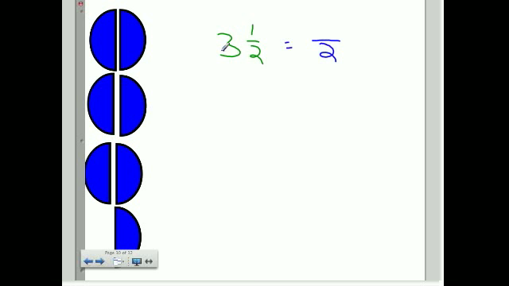There's 2 halves in every one. 2 times 3 is 6, plus 1 is 7. And if you look over here, we have our mixed number, 1, 2, 3 1/2, or we have 7 halves. 1, 2, 3, 4, 5, 6, 7. So 3 1/2 is a mixed number. 7 over 2 is an improper fraction.